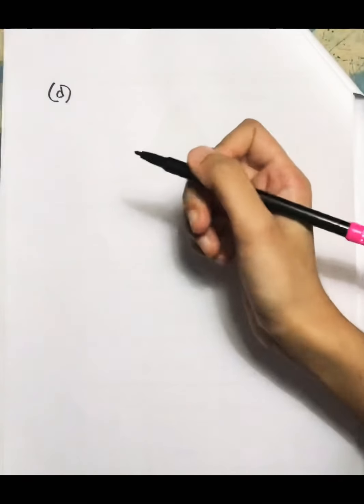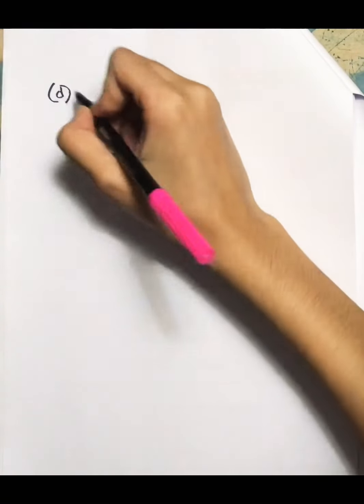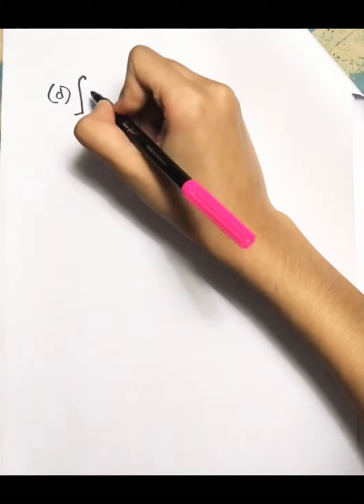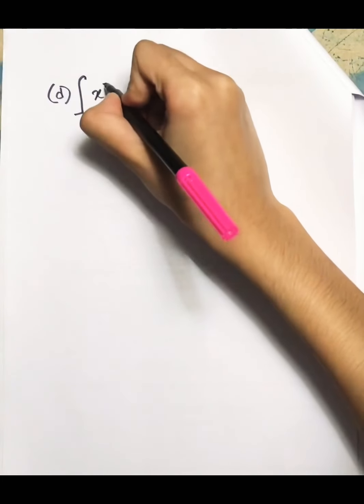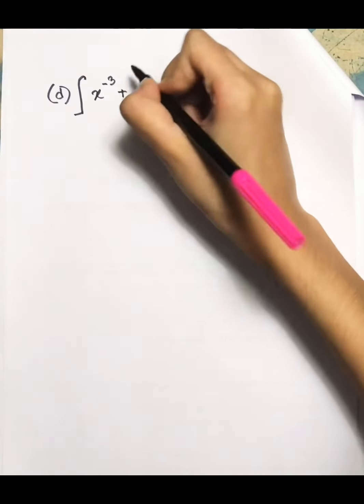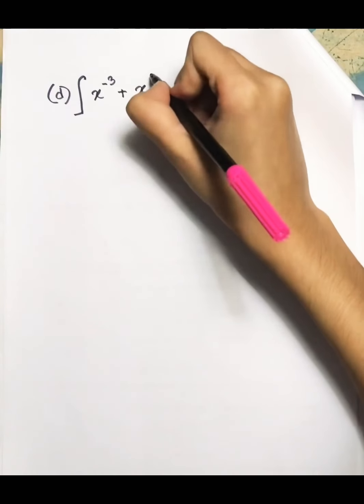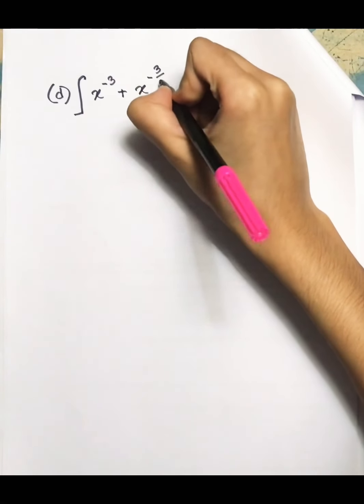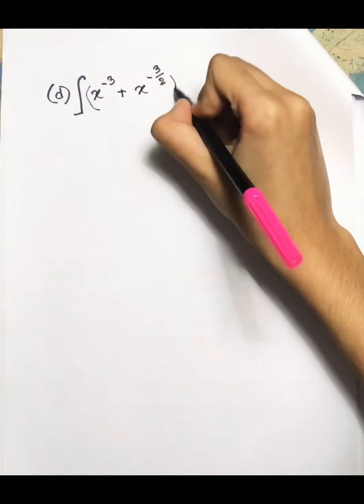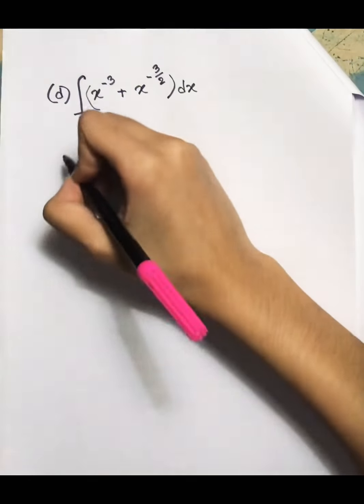Now let me take another example with a negative power and a fraction in it. Suppose integration of x to the power minus 3 plus x to the power minus 3 by 2. Now let us see what the result becomes.